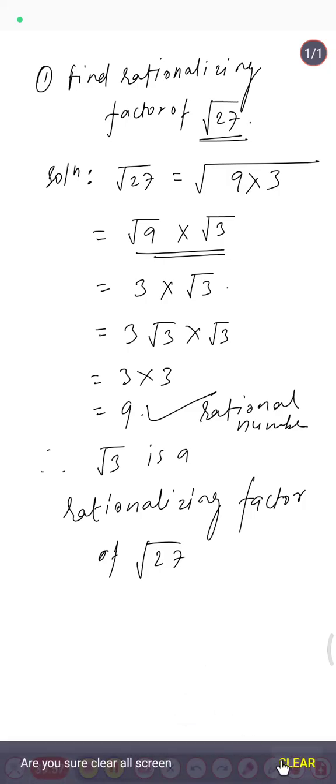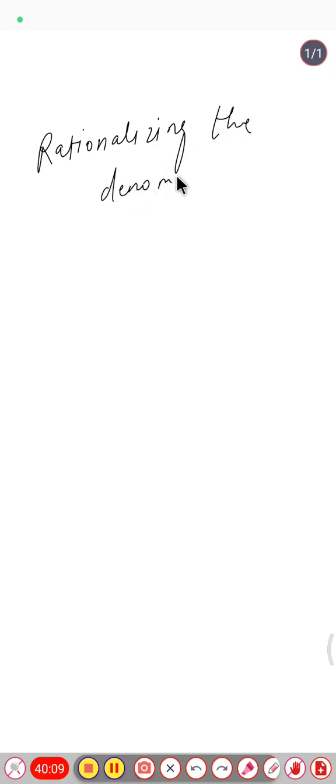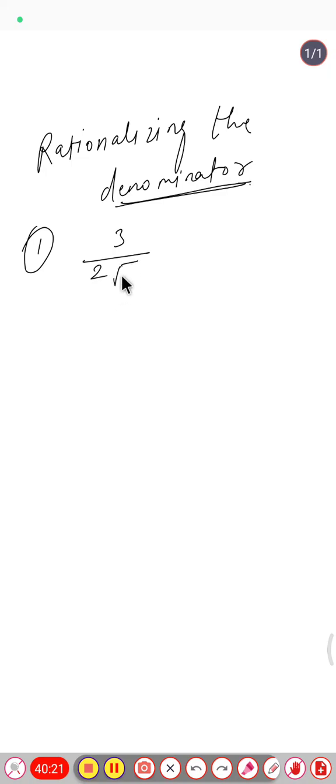Our next topic is rationalizing the denominator. In general, let's take one example: 3 upon 2 root 7.